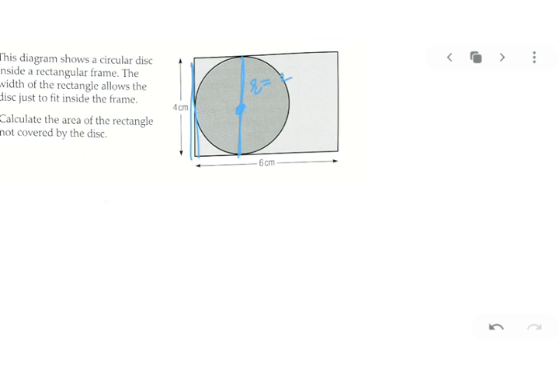Yes, so with radius 2, you will find the area of this circle, and with your length 6 and breadth 4, you will find the area of rectangle. So you will get the two things together and then you have to just subtract them to get the area of remaining portion, that is not covered by circle or not covered by disk.